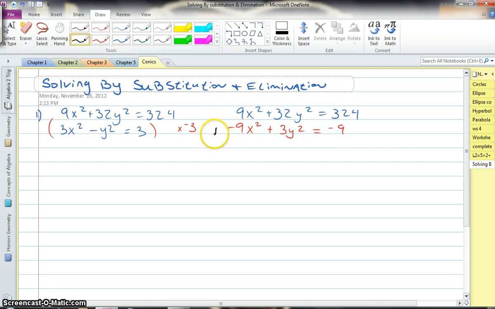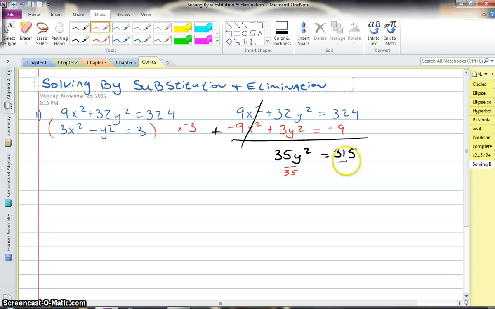Then I'm going to add them up old school style and see what my result is. 9x squared plus negative 9x squared, I've eliminated my x squared terms. 32y squared plus 3y squared is 35y squared. And 324 plus negative 9 is 315. Now I'm going to solve this equation for y.